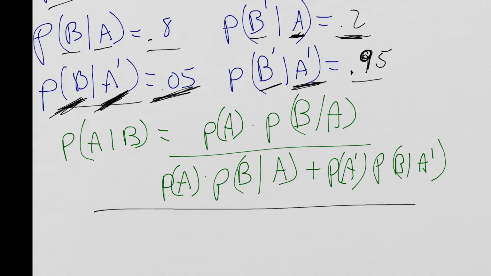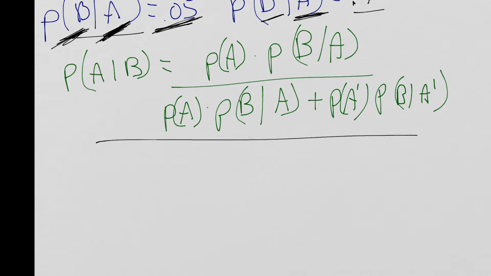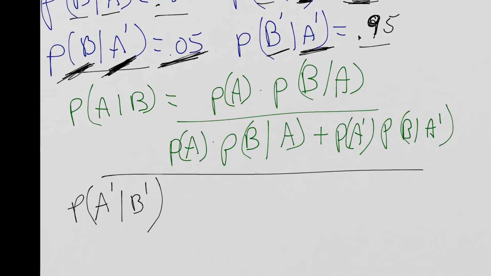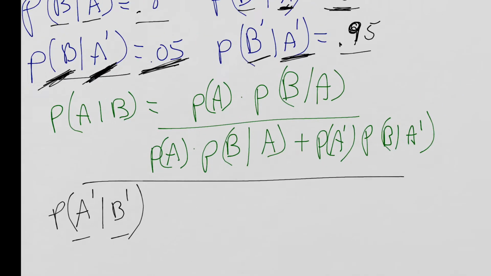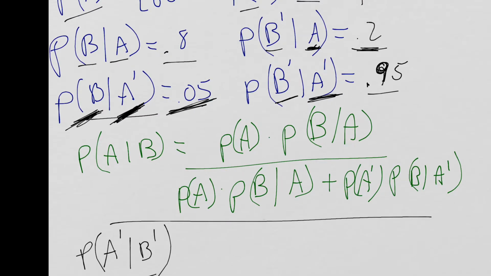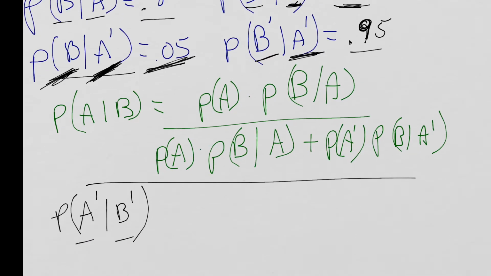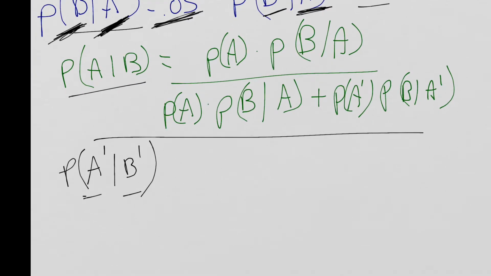So we need the probability of not A given not B. So what's the probability that we don't test positive and we don't have the disease? Okay, so we haven't done that yet. We figured out what's the probability we have the disease if we test positive. Now, what's the probability we don't have the disease if it doesn't test positive?